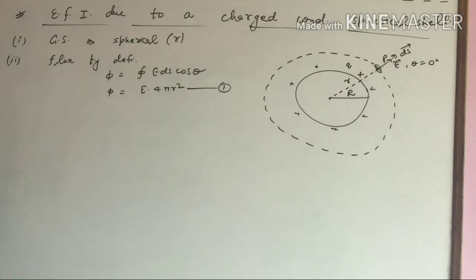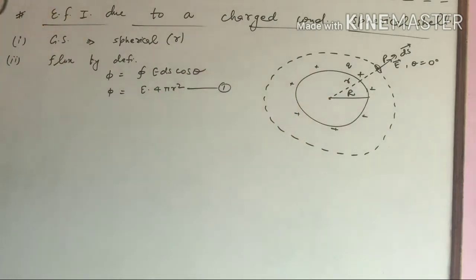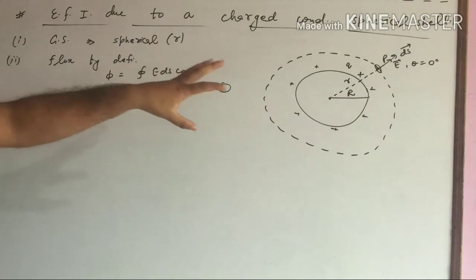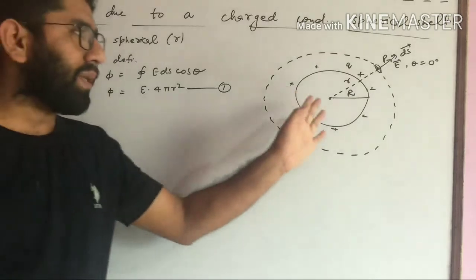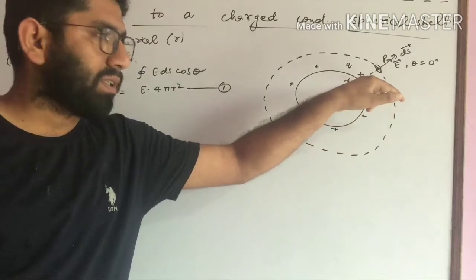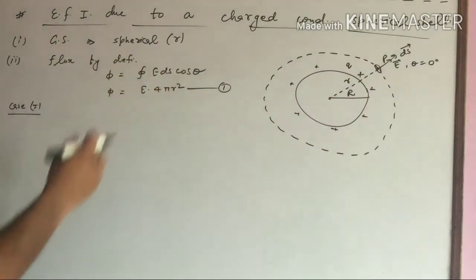Next step will be to find out the flux using Gauss theorem. From here I will split this application into 3 parts, because the point where we want to find out electric field intensity might be outside, it might be on the surface, or it may be inside the spherical shell.